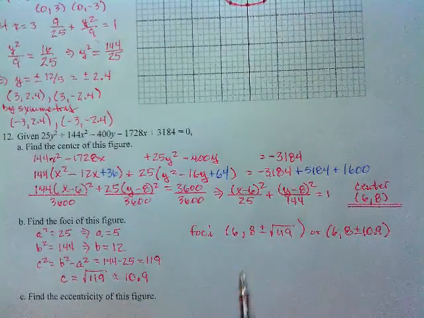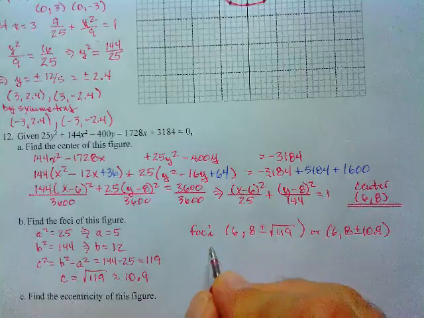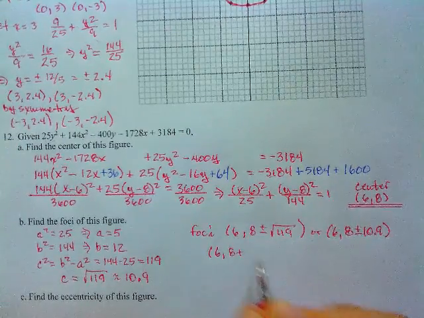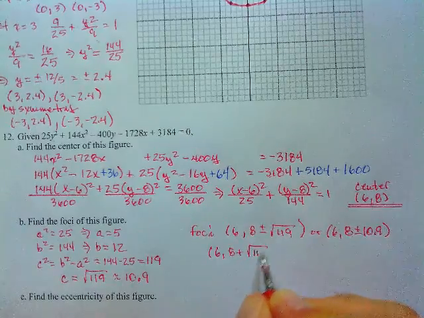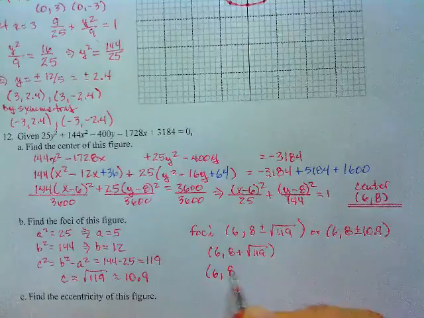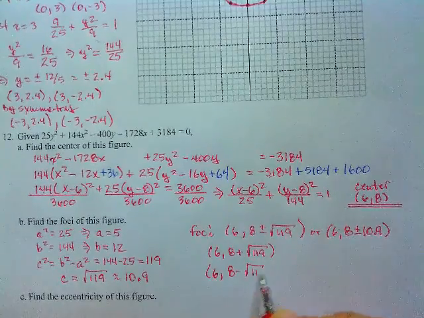And of course there are two of them, so this would be 6 and 8 plus square root of 119, and 6 and 8 subtract square root of 119.